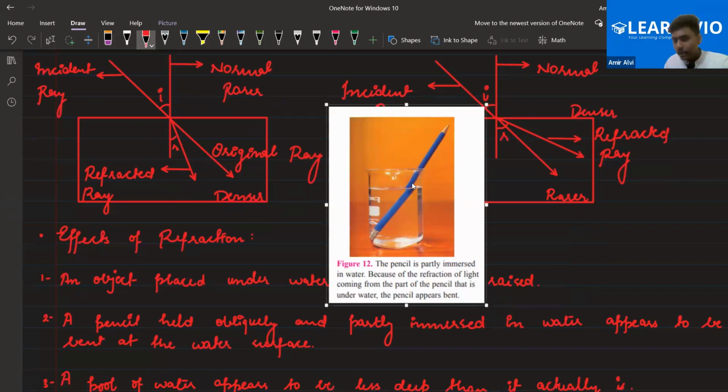It should be straight, but due to refraction it is bent. It appears to be raised. Yes or no? Right? One more example, let me tell you.